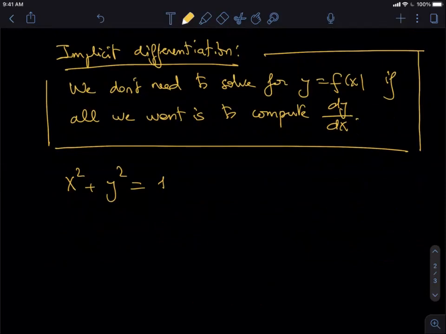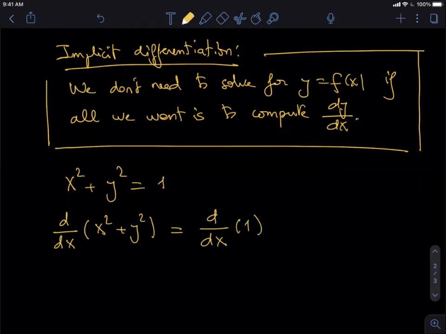So here, what we are going to do, because this is an equality, we are going to differentiate both sides with respect to x. Okay, the right-hand side is easy because that one is a constant, the derivative is 0, so that one is done.